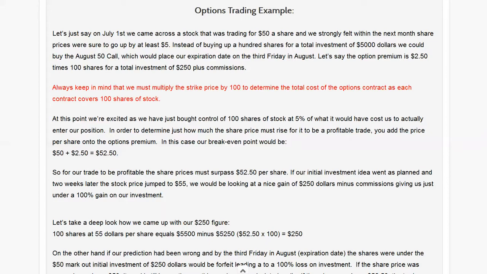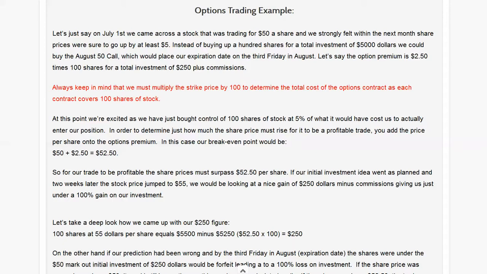Now that we understand all the very basics, let's look at an example. Let's just say on July 1st we came across a stock that was trading for $50 a share, and we strongly felt within the next month share prices were sure to go up at least $5. Instead of buying 100 shares for a total investment of $5,000, we could just buy the August 50 call, which would place our expiration date on the third Friday in August.